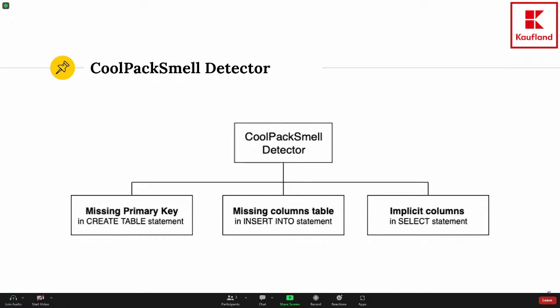And missing columns in the insert into statement. That means that you mention only the table name without mentioning the columns in which you want to insert data. And implicit columns in the select statement means using the asterisk sign instead of selecting only the columns we want to select at the moment of statement execution.